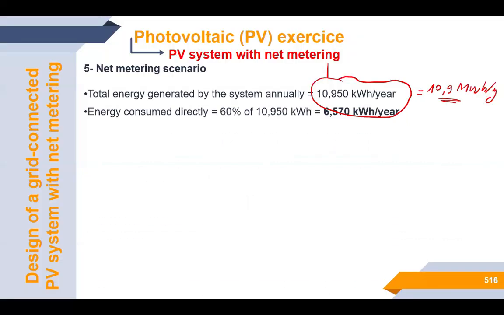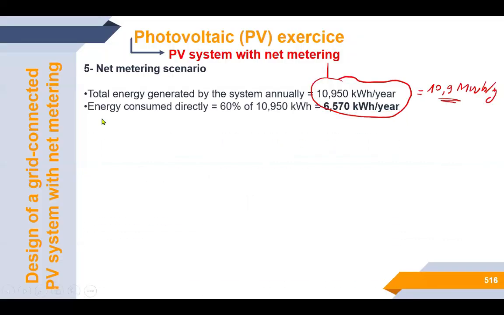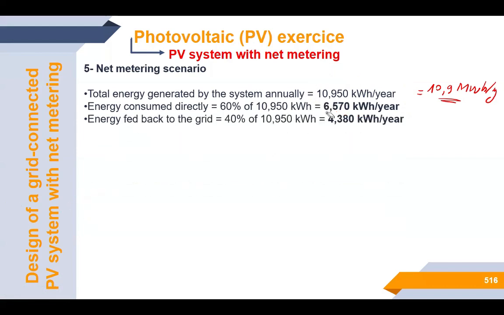So here we will calculate the percentage of energy consumed directly, which will be about 6,500 kilowatt hour per year.